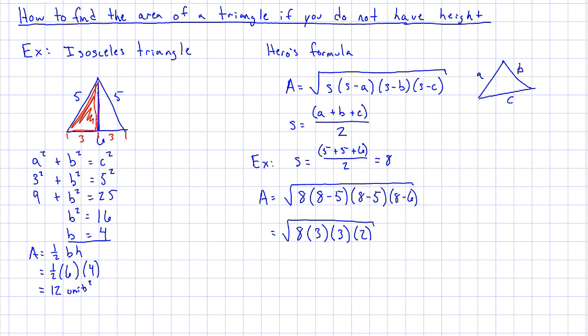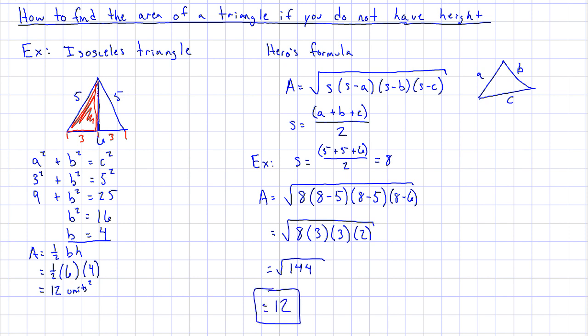So we end up with 3 times 2 is 6, 3 times 3 is 9, 6 times 9 is 54... I apologize, I should have done this on my calculator ahead of time. 18 times 8 is 144. So inside my square root, I'm going to have 144, and the square root of 144 is 12. So that makes me happy.